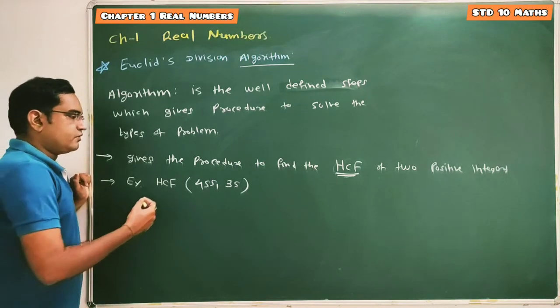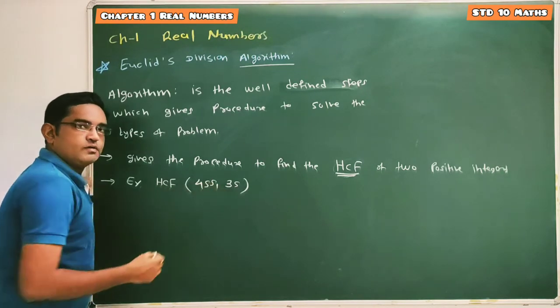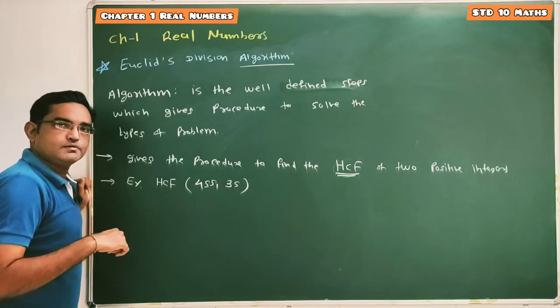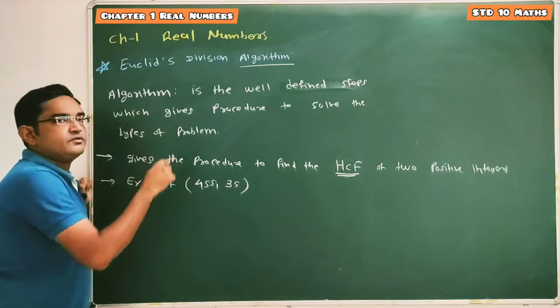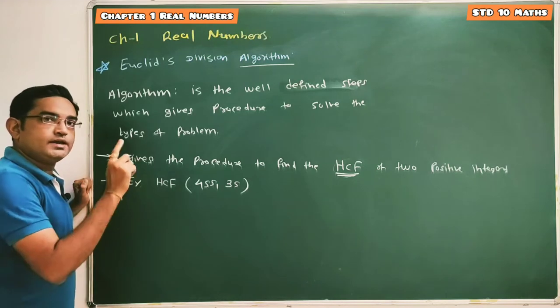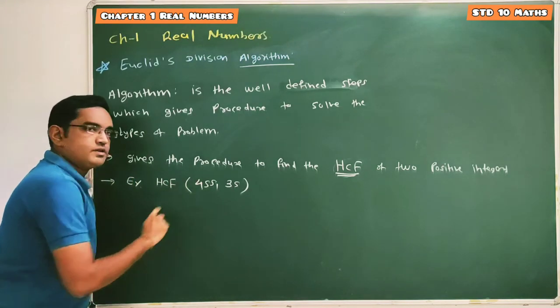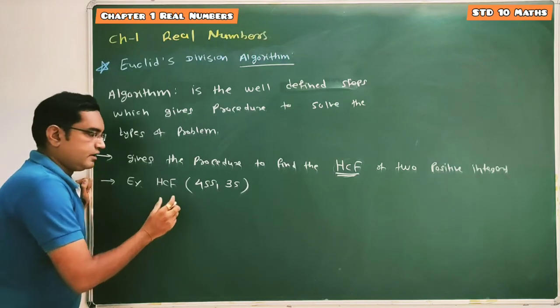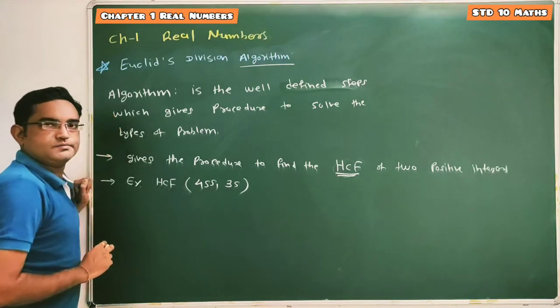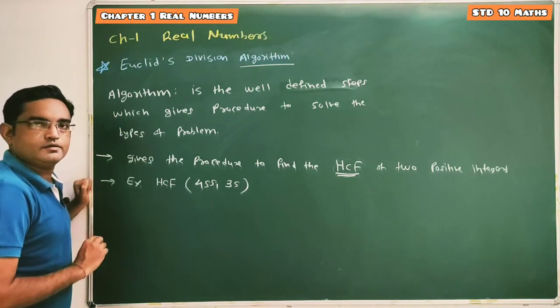So first we will find the HCF of these two numbers by prime factorization. Then we will discuss Euclid's division algorithm, use it to find the HCF again, and verify our answer.